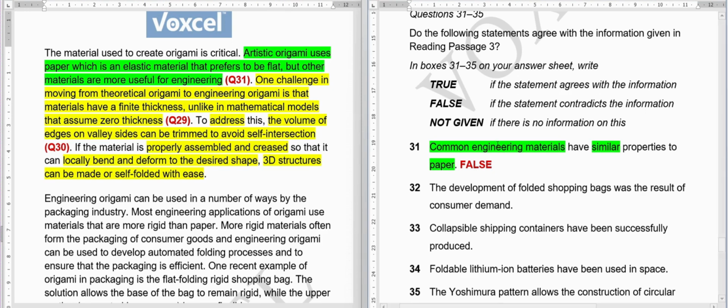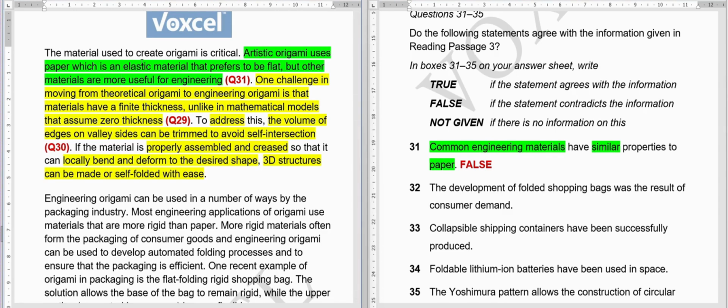It would be not given when we don't know whether the properties are similar or different. But here they are saying paper is an elastic material that prefers to be flat. That is the property of paper, but other materials are more useful for engineering. So what does but mean? But means in contrast, opposite. So here they are saying that opposite to paper, we are using materials whose properties are opposite to that of paper.